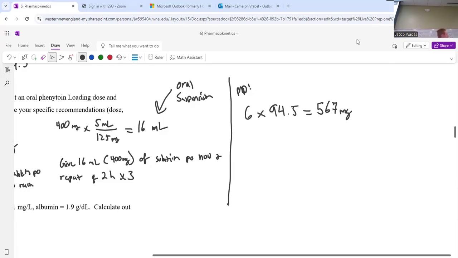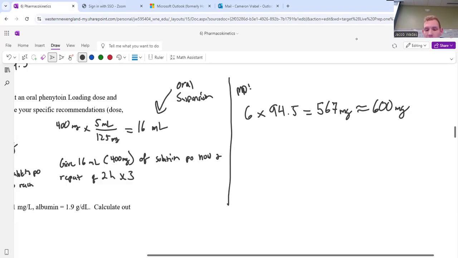So for extended release, we have the 100 milligram ER capsules. So we're just gonna round this to 600 milligrams.